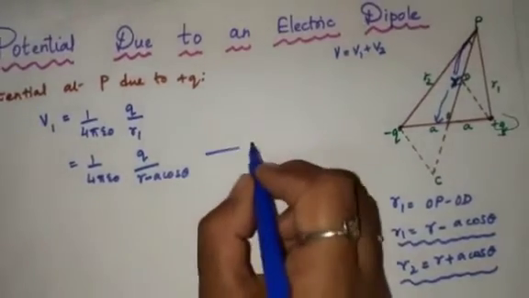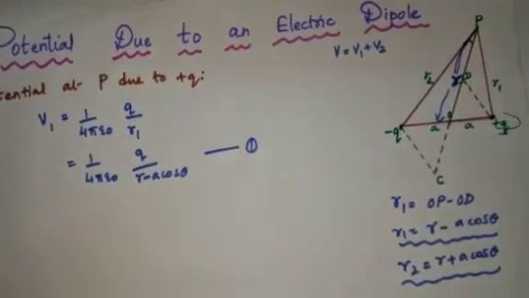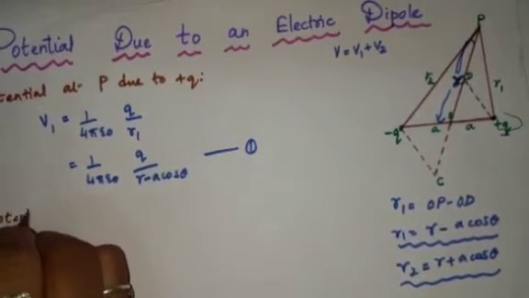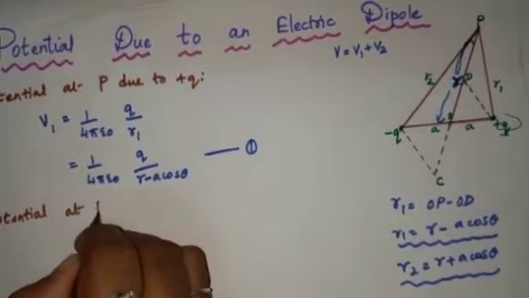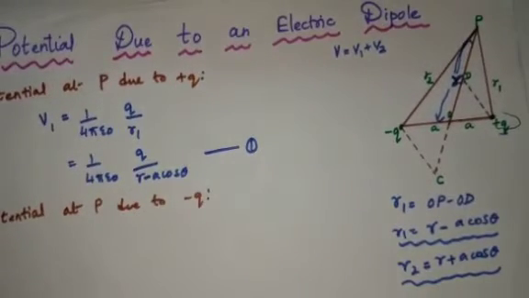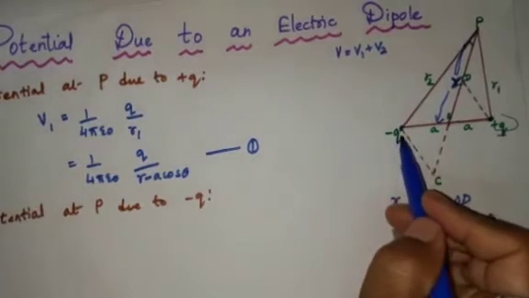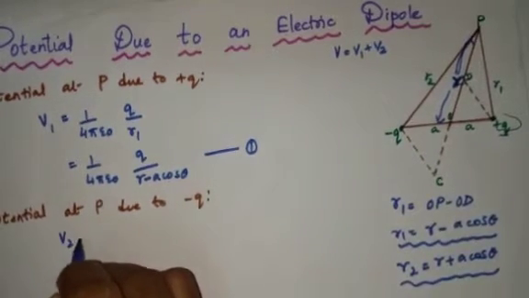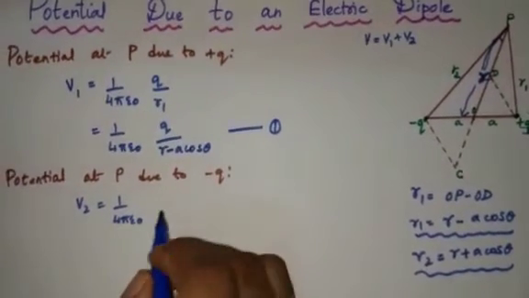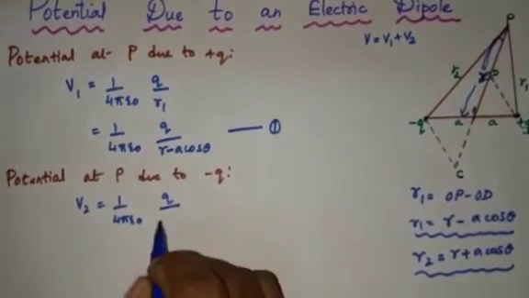We take this as the first equation. Now the potential at P due to minus q. This is minus q. So V2 is equal to 1 by 4 pi epsilon naught q by r2.